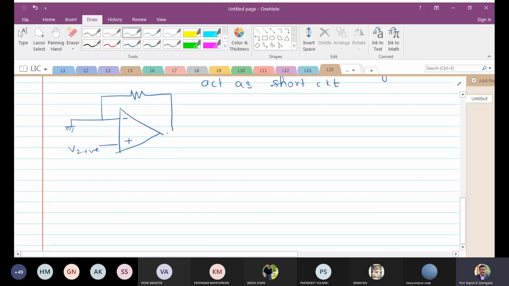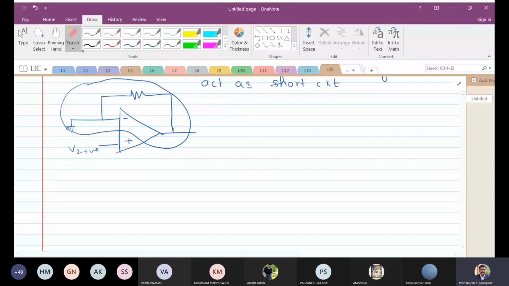And what does this part look like? It looks like an inverting amplifier, isn't it? Non-inverting amplifier. If there was a resistor here, what would it resemble?